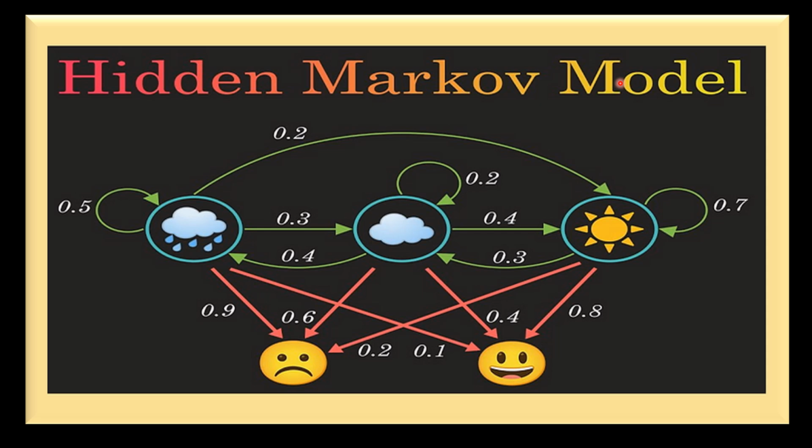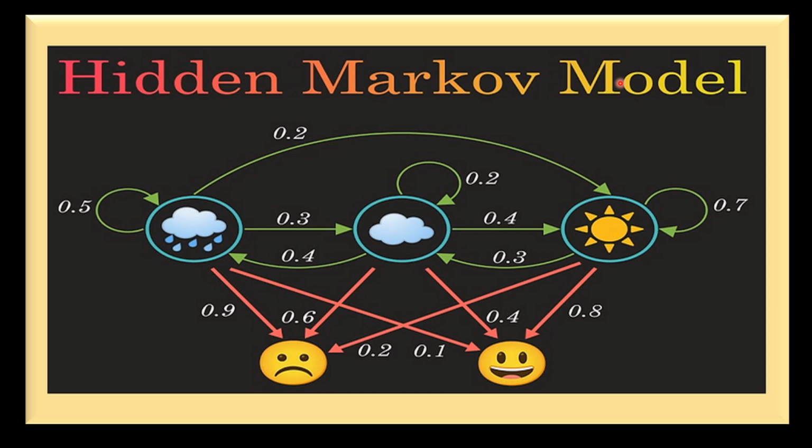Then comes transition probabilities. Now, these describe the likelihood of transitioning from one state to another. They capture the probability of moving from one unobserved state to another. Then we have emission probabilities, which describe the likelihood of generating a specific observation given a particular state. They capture the probability of observing a specific measurement when in a particular state.